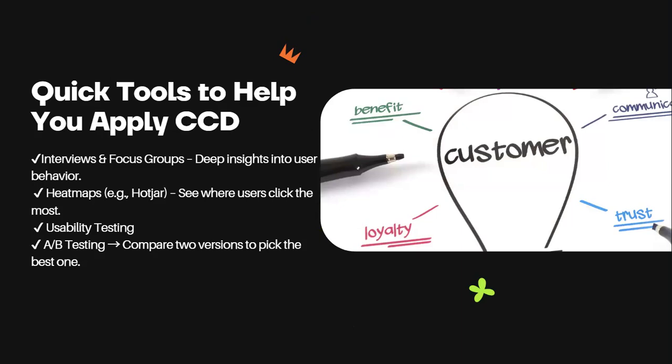You can also do usability testing. There are applications you can use for usability testing, such as Maze and the like. A/B testing: you can compare two versions of your product or design, or two versions of a feature, and see the one that is best and seamless to use.